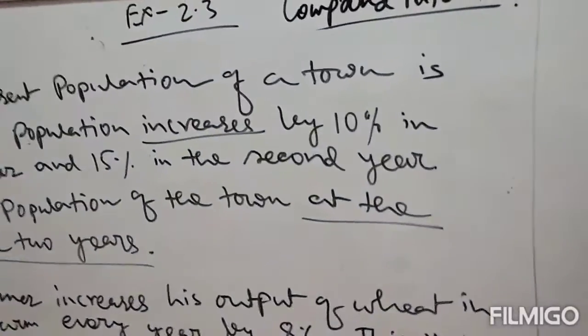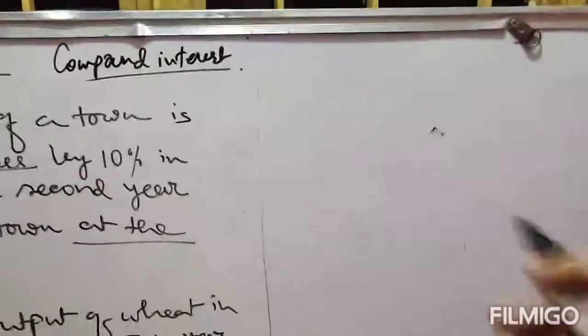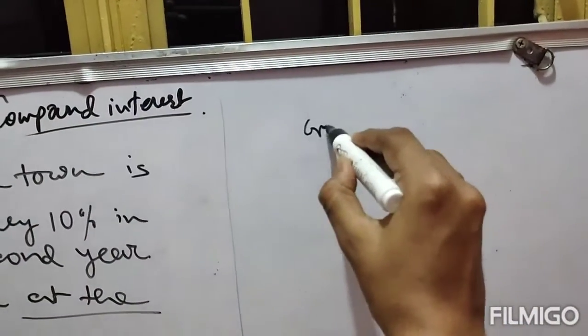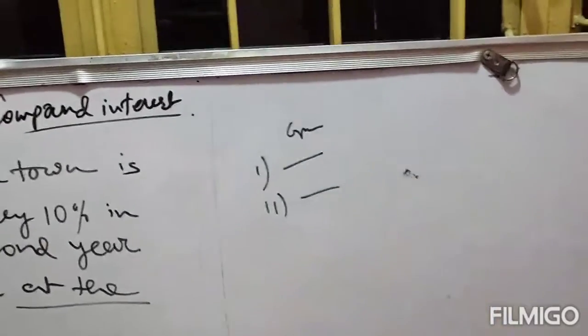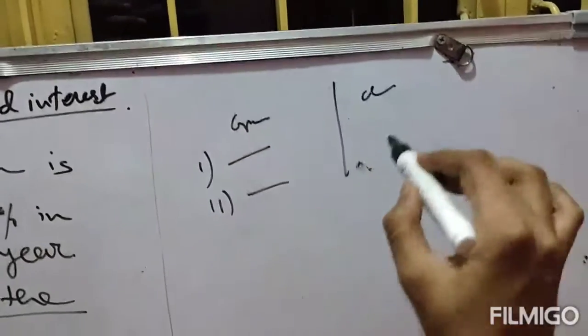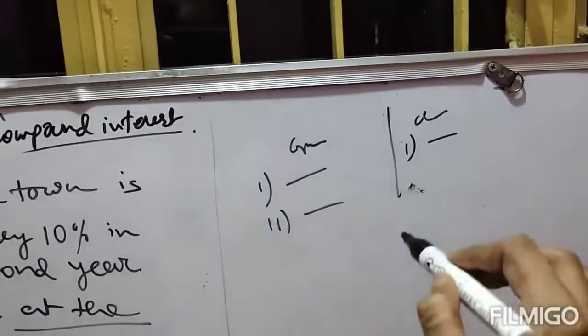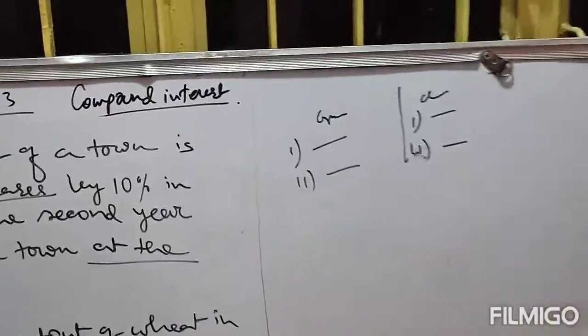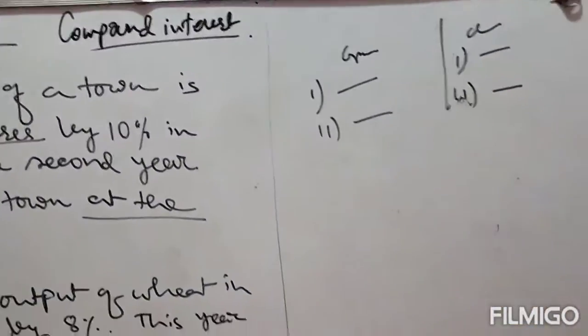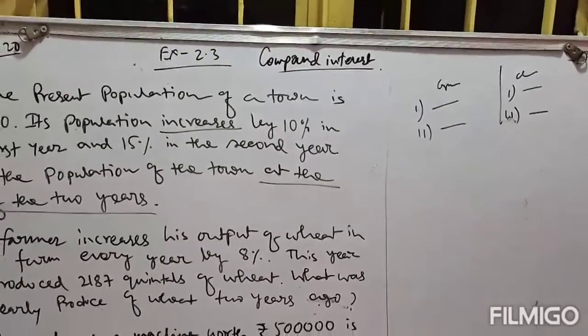When I discussed the formulas, I told you that in growth there are 2 formulas, one is after and one is before or ago, and in depreciation also there are 2 formulas, one after and one ago. So in total 4 formulas, and one extra formula, the successive years formula, that is R1%, R2%, R3%.